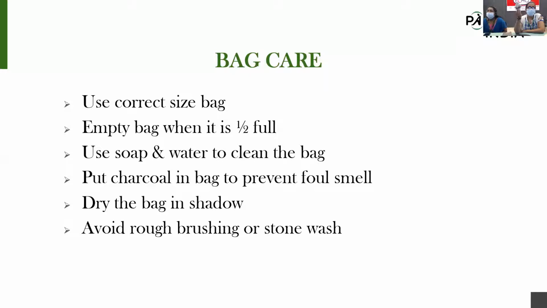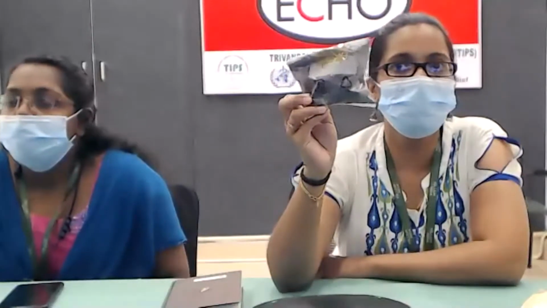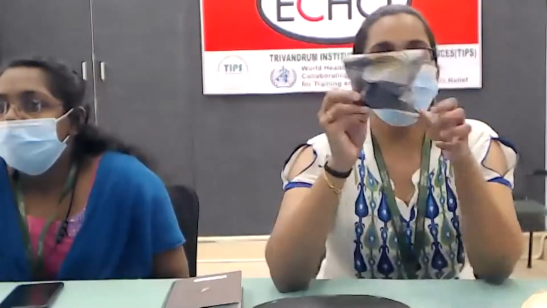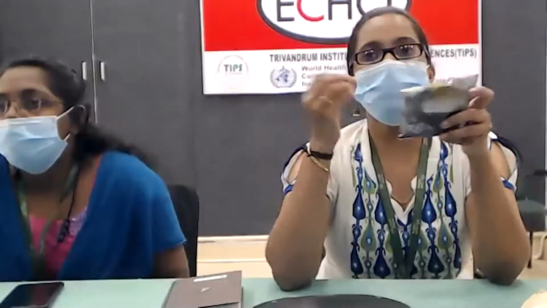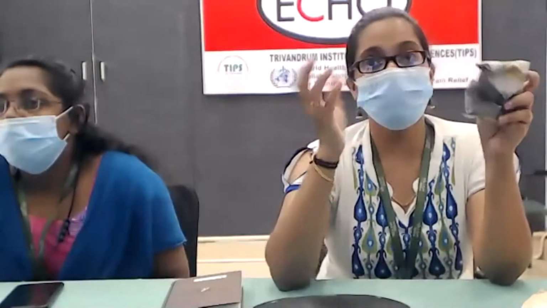Usually the feces will have a foul smell, and sometimes the patient may feel uncomfortable with that. To reduce the foul smell, you can put a piece of charcoal inside the bag, not inside the stoma. Always remember, don't put these kinds of things over the stoma. This is only for the bag, okay? Inside the bag, you can take one piece of charcoal and put it if the bag is foul smelling, okay?